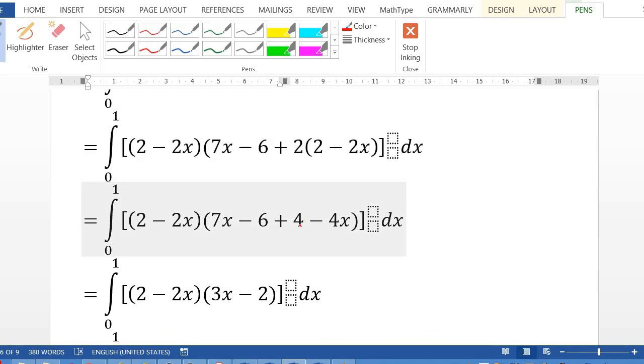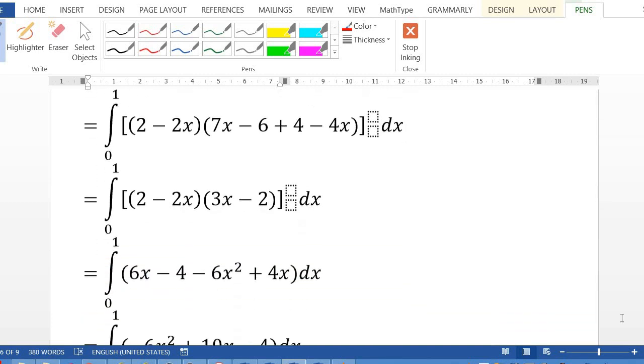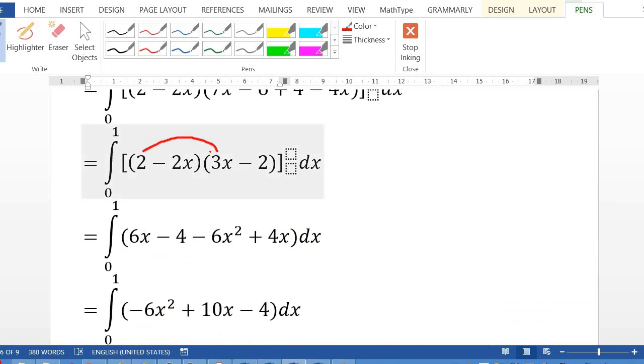So you have plus 4 minus 4x, collecting the same terms, 7x minus 4x, 3x, minus 6 plus 4, minus 2. Okay. And then you expand. So you get 6x minus 4, this is minus 6x squared, and then plus 4x. Here we are collecting back the terms. So minus 6x squared. So 6x plus 4x, 10x minus 4.